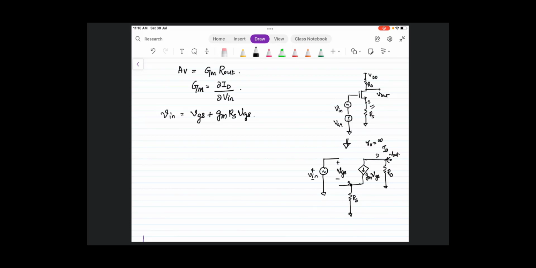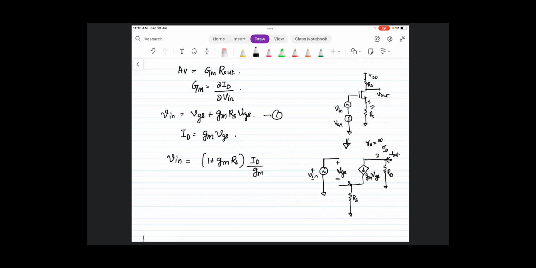And what is ID? ID is nothing but gm times VGS, right? So what am I left with? I am left with Vin equals 1 plus gm RS into ID by gm. This is equation 1, equation 2.